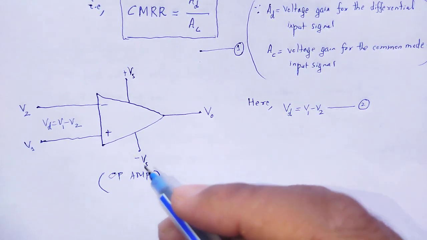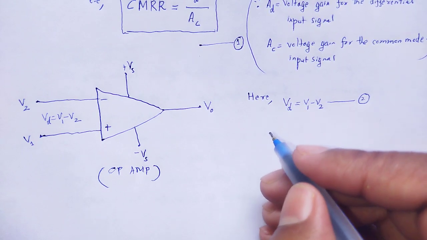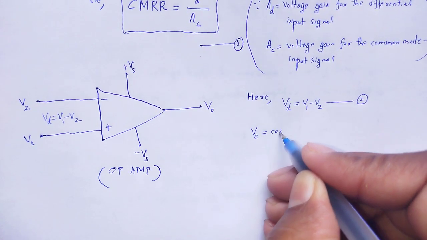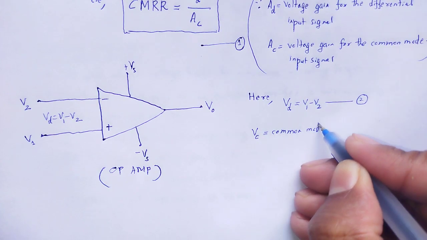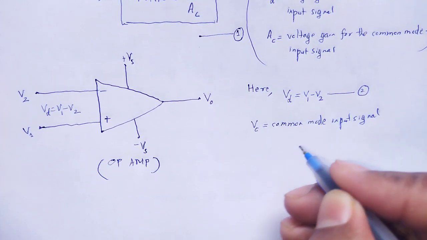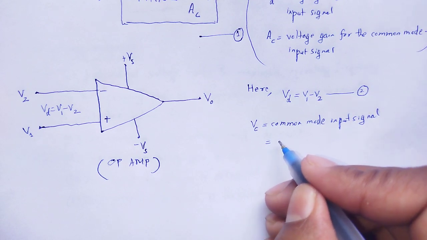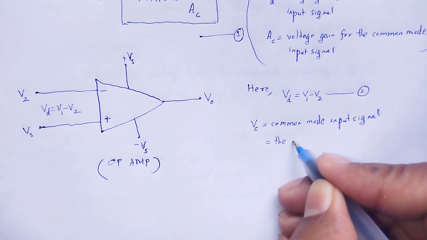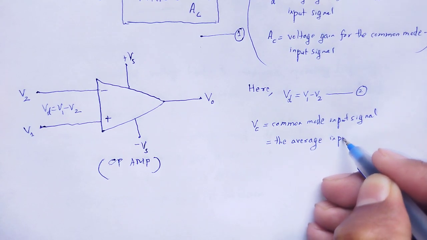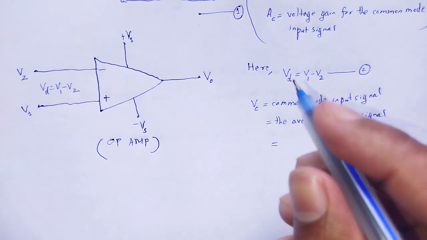And we define Vc, the common mode input signal. This is the average input signal, and the average input signal is called the common mode input signal.